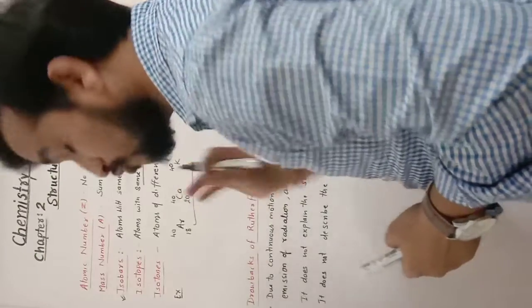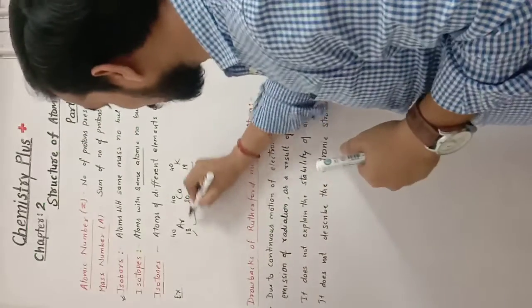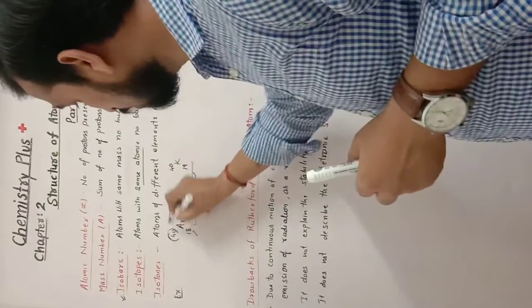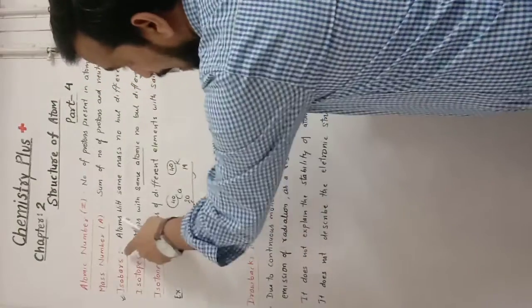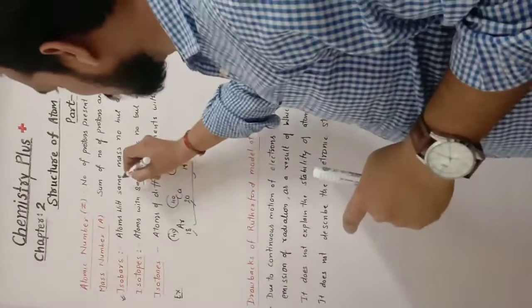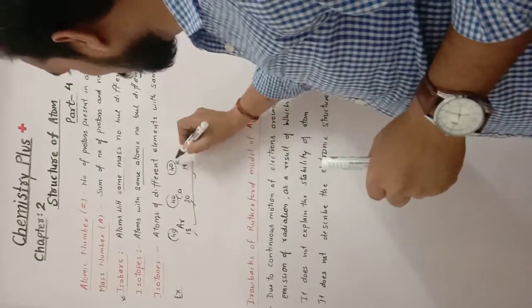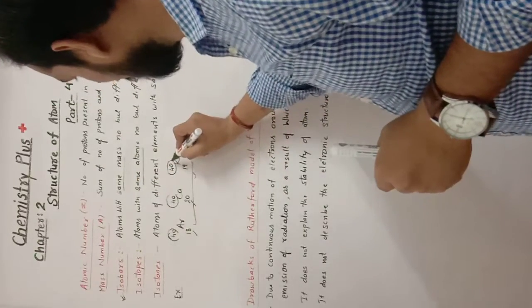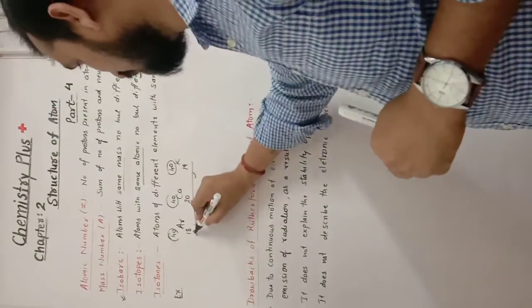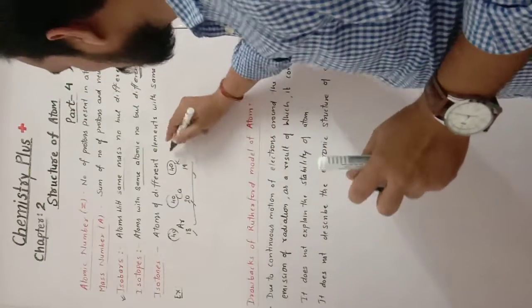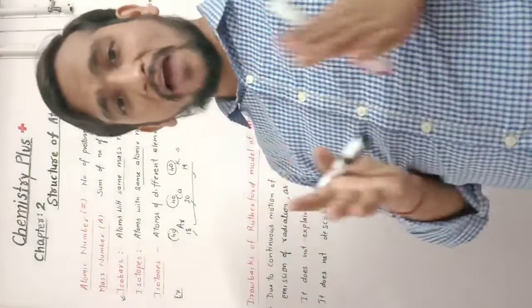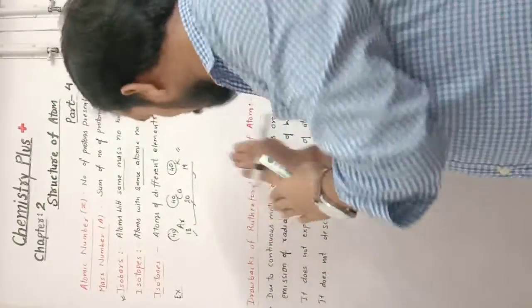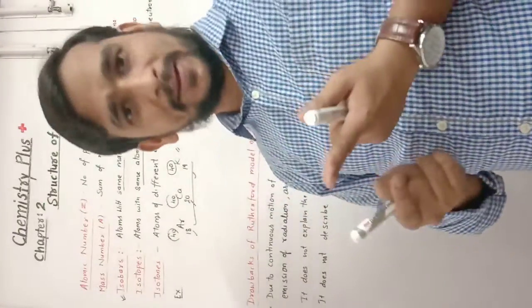So these three are different atoms having different atomic numbers but the same mass number. So these three are called isobars of each other, with the same mass number, 40 in each case, and different atomic numbers, 18, 19 and 20. This is an example of isobars: entities having the same mass number and different atomic number.